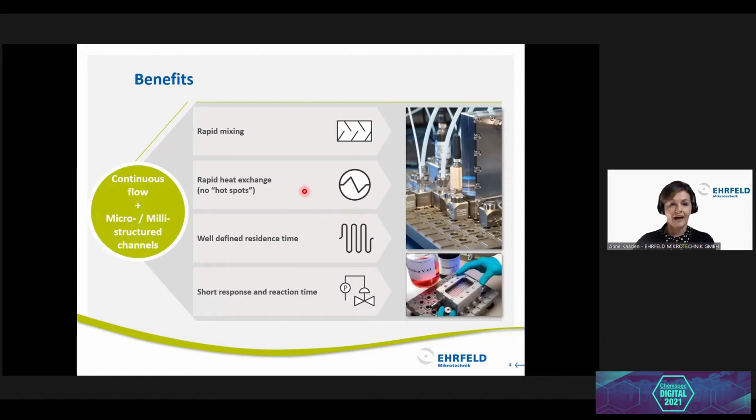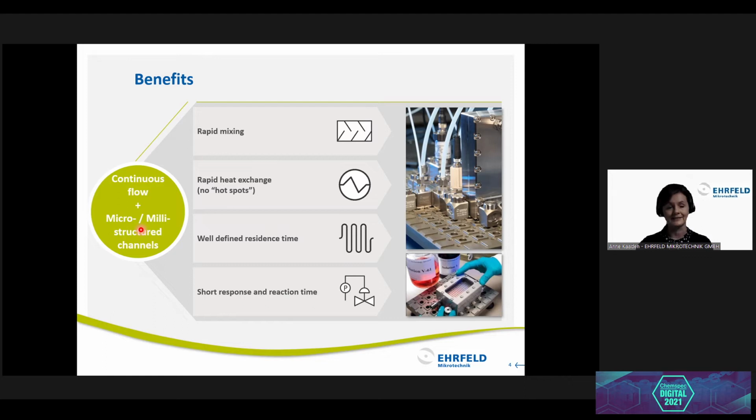So we work on, like our name says, ethoxylation microtechnique, but the first important thing is that we are no longer really working in microstructures. We use millistructured channels, because if you want to do a scale-up from lab up to production scale, then you can't use these really small microchannels.